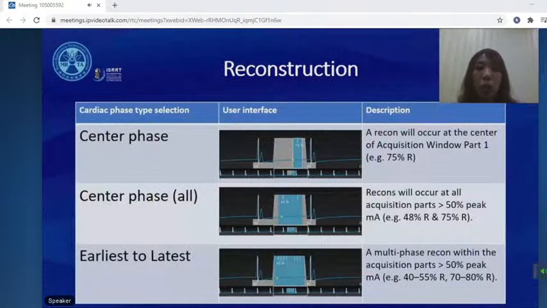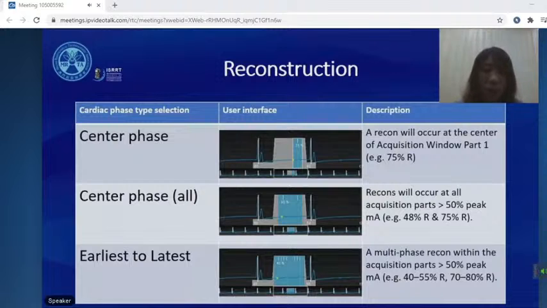And now we go to the reconstruction part. When we collect the data, there are many reconstruction methods. Center phase is a recon that will occur at the center of the acquisition window, for example, 75% R-R peak. Center phase all means recons will occur at all acquisition parts that are above 50% peak MA, for example, 48% and 75%.